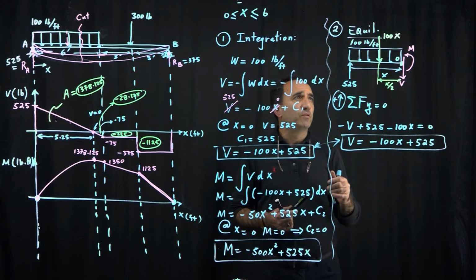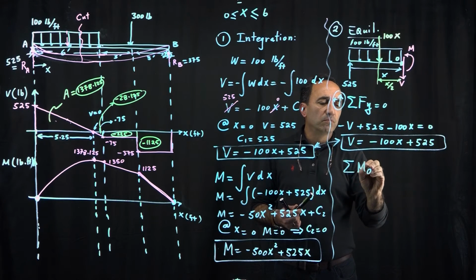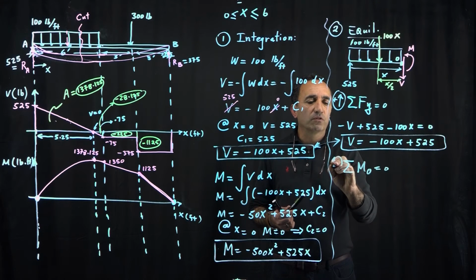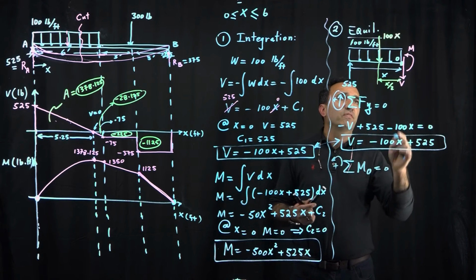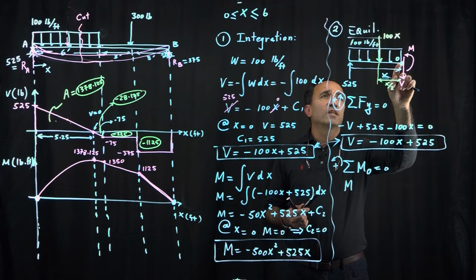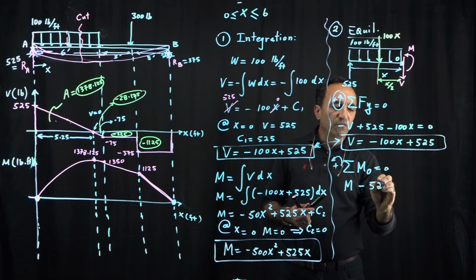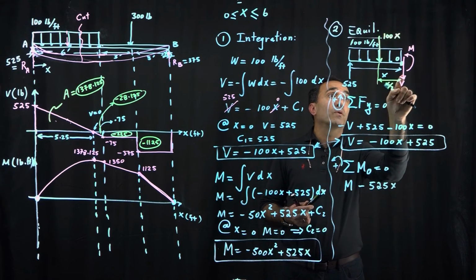All right, but what about moment? Well, another equilibrium equation. Take moment about O, set it equal to 0, counterclockwise positive, just as a reference. So start with this internal moment M. Obviously, shear is right at O, so it doesn't have any moment. 525 does, going negative: 525 times x, right?